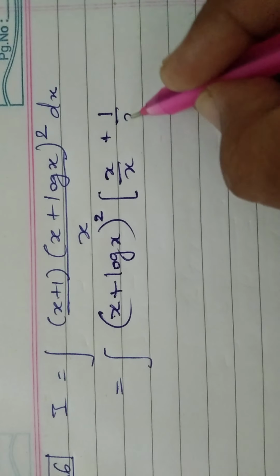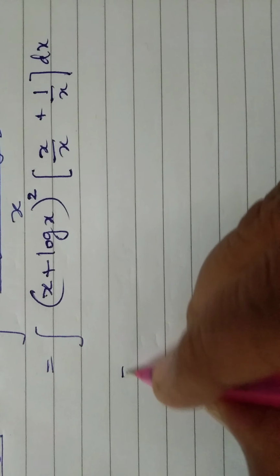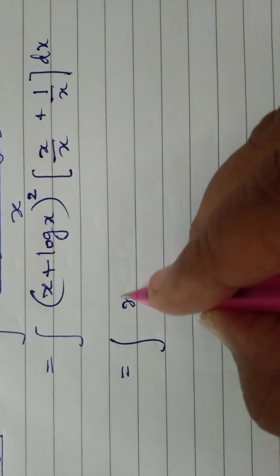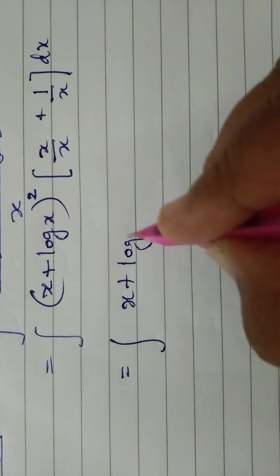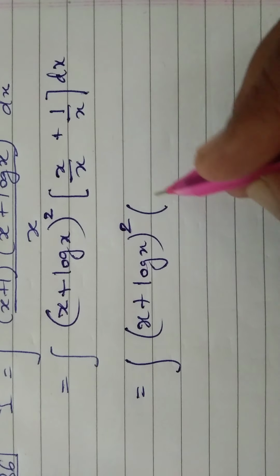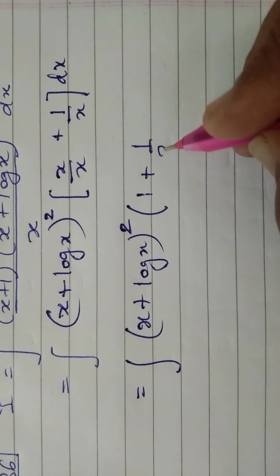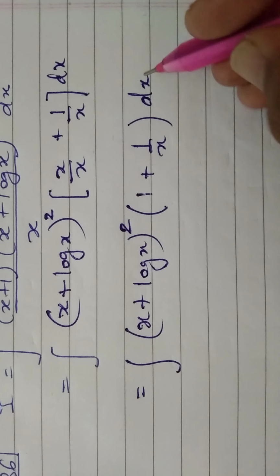So x upon x and 1 upon x, and into dx. So therefore it appears like this: integral x plus log of x the whole square, and x upon x is going to be 1, plus 1 upon x, into dx.